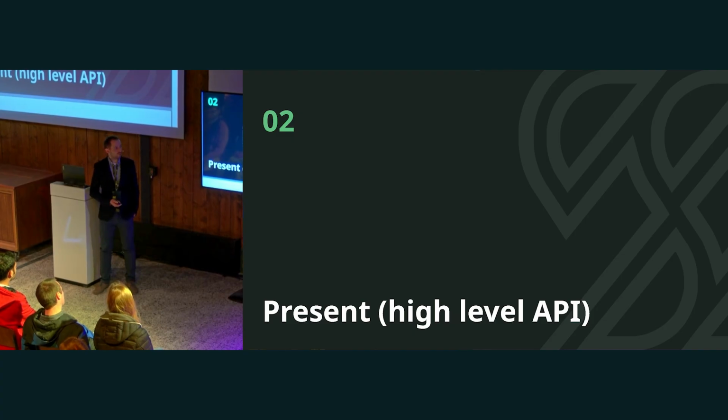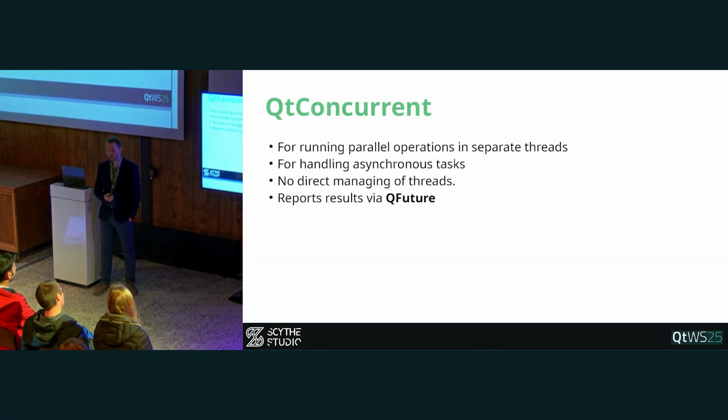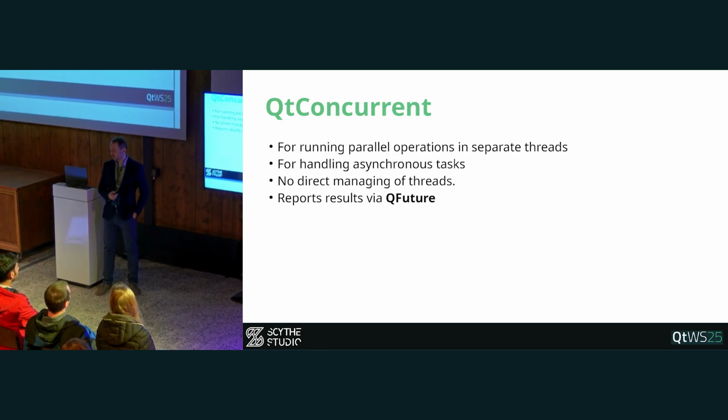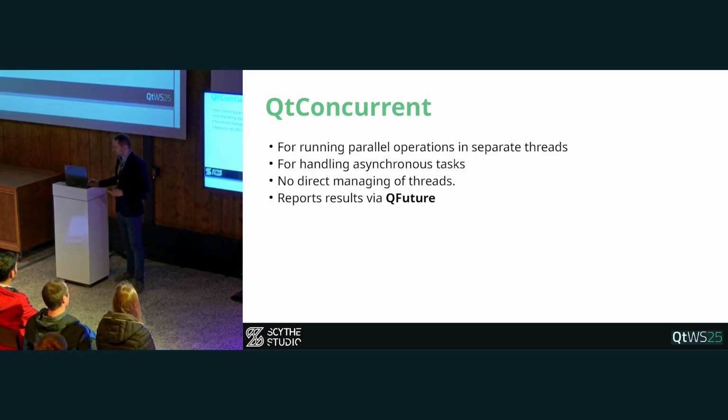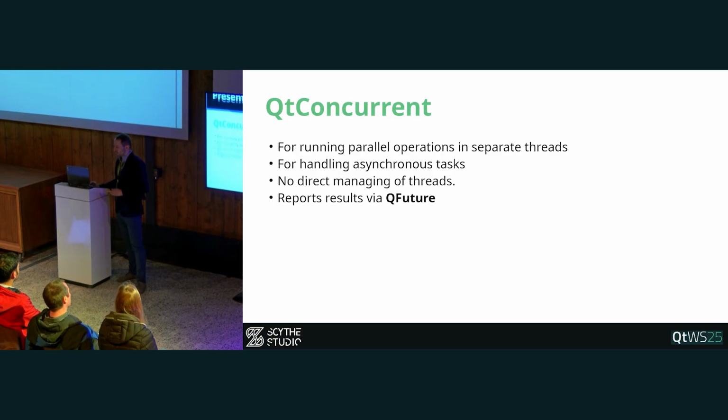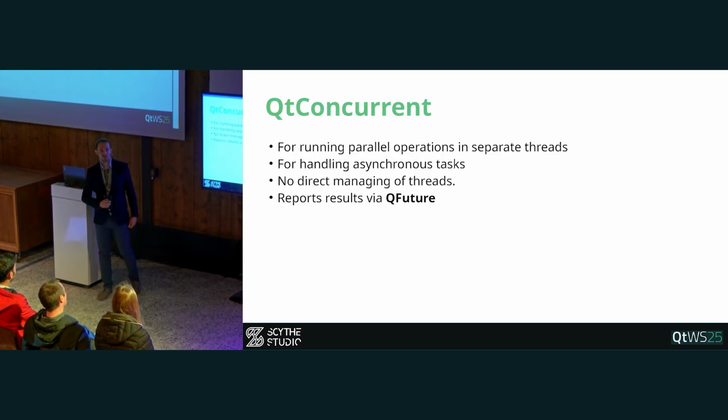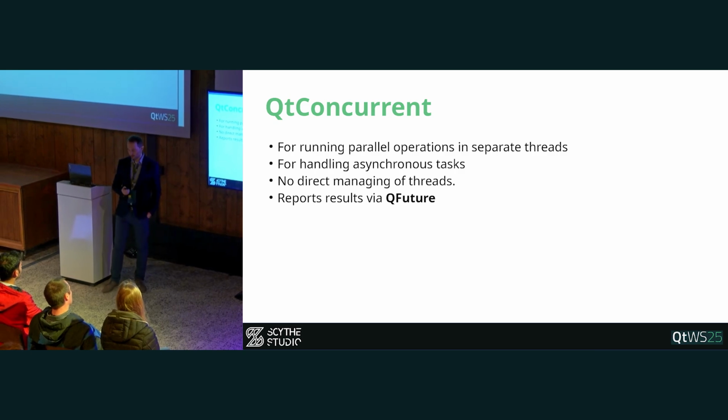Okay, so now let's move to the present state of things. Right now, I think it is preferable to use the QtConcurrent module, which is much higher level. You also don't need to manage your threads directly, and what is unique about QtConcurrent is that it communicates results or errors using QFuture.